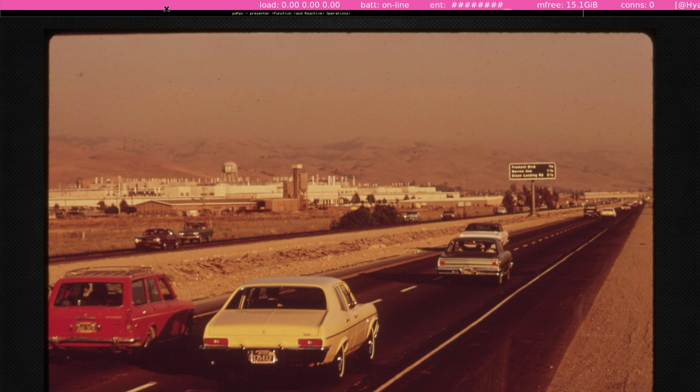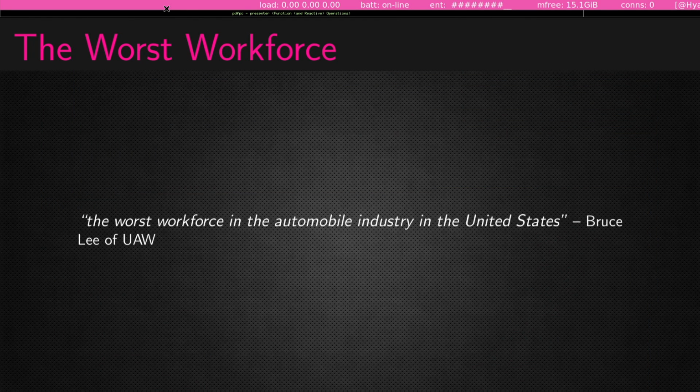Ten years after this photo was taken, it was shut down by GM. One spokesperson for the United Automobile Workers, an organization that represents the workers, once said about the Fremont plant that it had the worst workforce in the automobile industry in the United States, right?